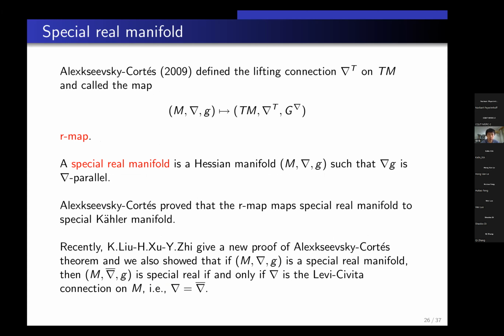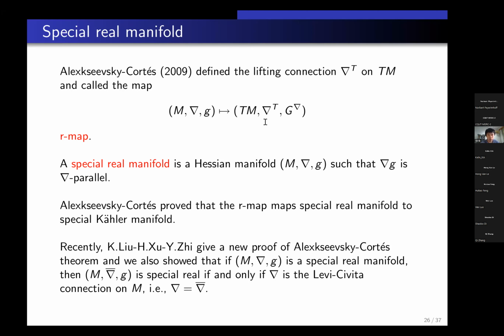Okay, so special real manifold. It just means that when we have this M nabla G, we have a Hessian manifold, and we map it to a Kahler manifold on the tangent bundle, right?